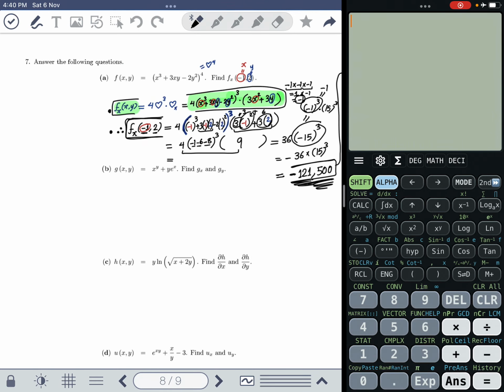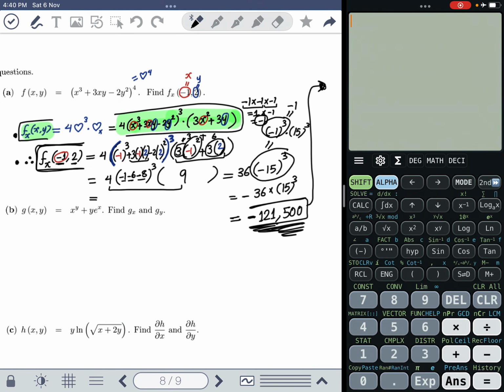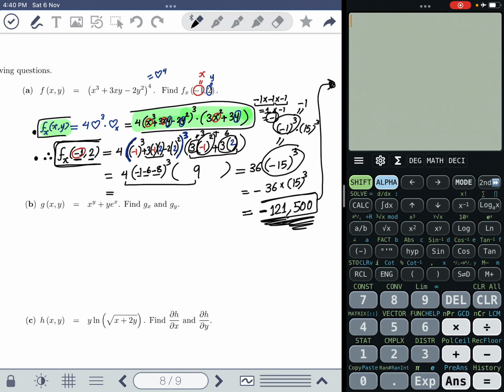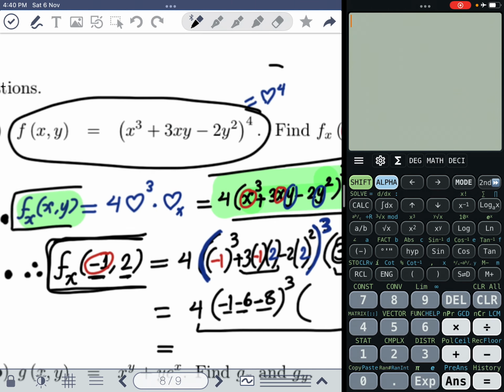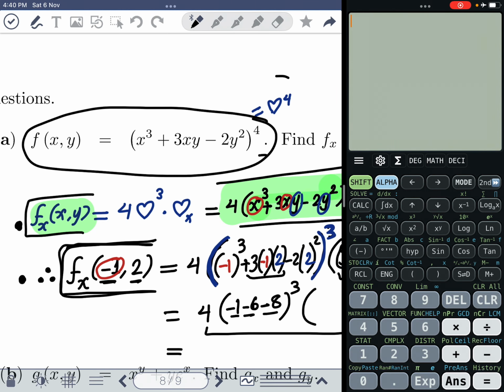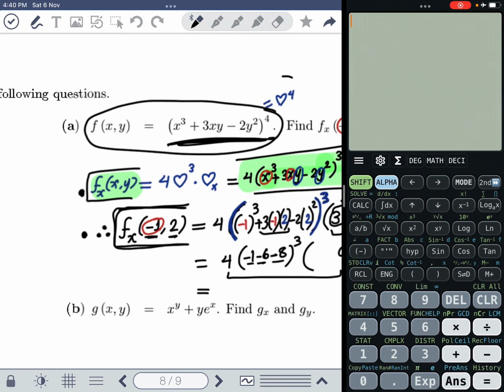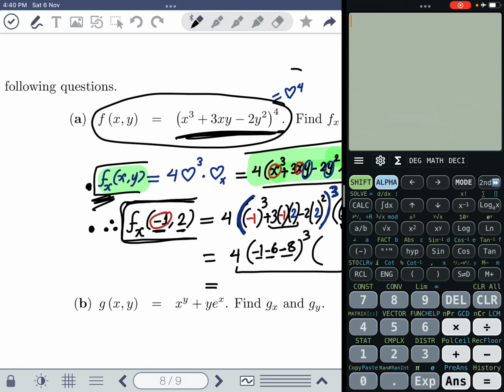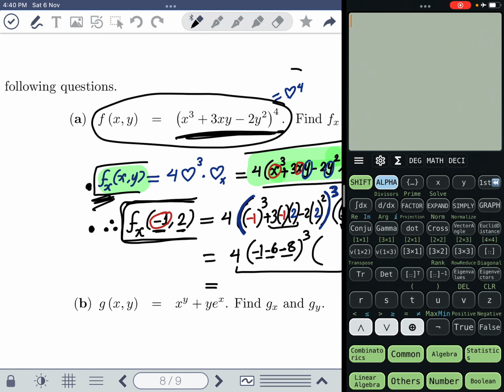I just want to show you something nice: you can actually use the calculator to check that your answer is correct, at least for the beginning. The derivative of this, you want it with respect to x. So look in the calculator what I can do. I can say d by dx and put the formula.